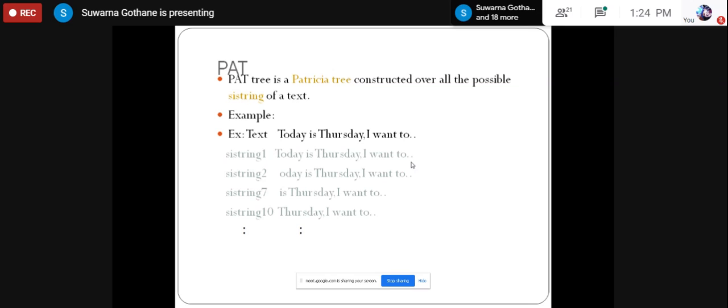It starts with removing the first character, then the second character, then the third character, likewise until it becomes null. Until your query alphabets are empty or null, it will go on continuing in this fashion.